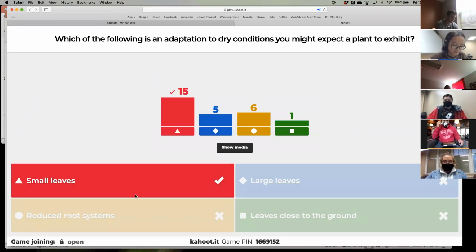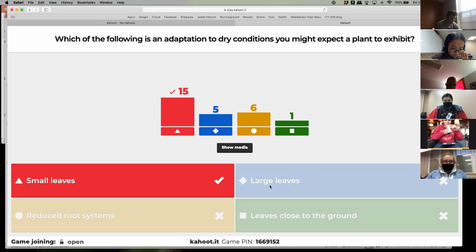Your other choices were large leaves, reduced root systems, and leaves close to the ground. What's the problem with having large leaves? They would need more water, because leaves have stomata, and with more leaf area they have more stomata, and as a result that greater leaf area allows more water to be lost through the leaves.